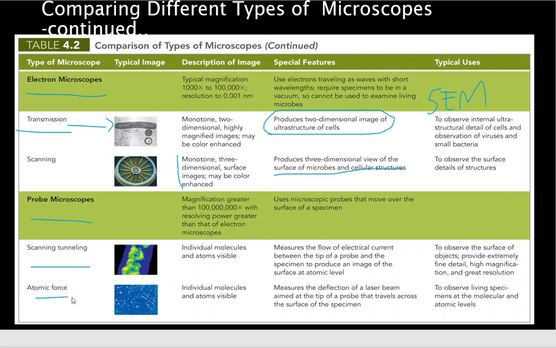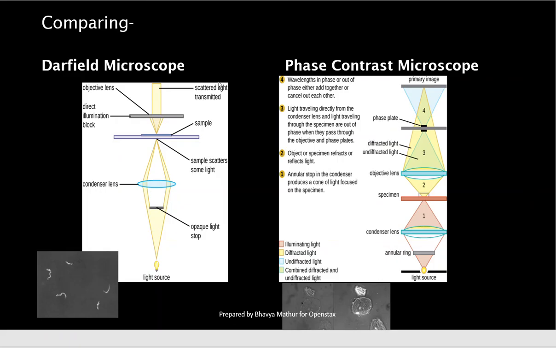Probe scanning and atomic force. Again, guys, these are high-end microscopes that are not going to have a lot to do with healthcare, but I would spend a little bit of time looking these guys over. Dark field and phase contrast, showing you some of the ways that these work.